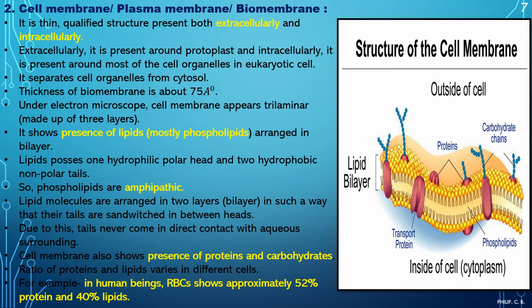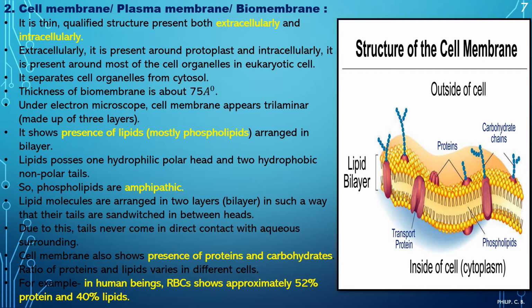First point, it is a thin, qualified structure present both extracellularly and intracellularly. Extracellularly, it is present around the protoplast, and intracellularly, it is present around most of the cell organelles in eukaryotic cells. So in eukaryotic cells it is present, whereas extracellular means the outer part of the cell.